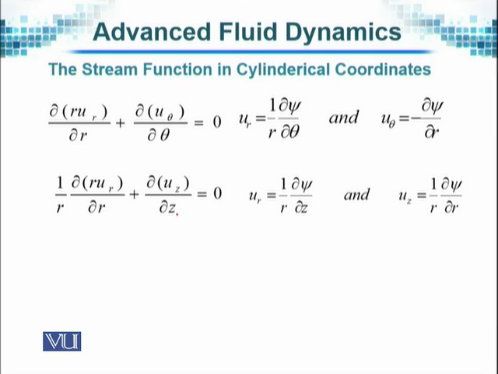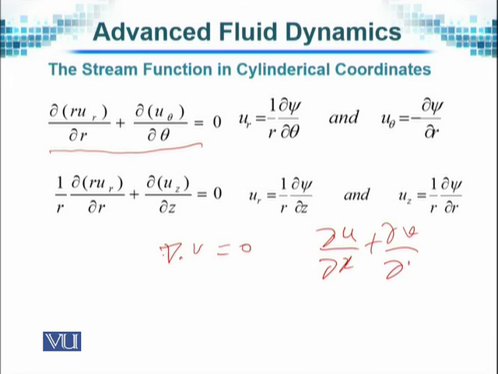So if the continuity equation in the rectangular form is divergence of V equal to 0, this is for steady, incompressible flows, and we write it in rectangular coordinates as du by dx plus dv by dy equal to 0.